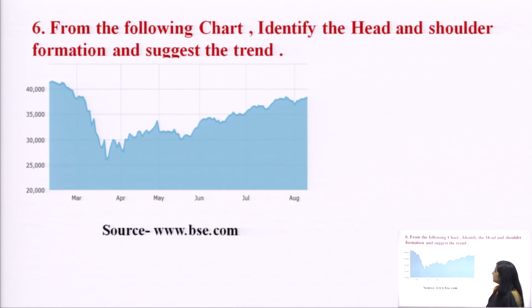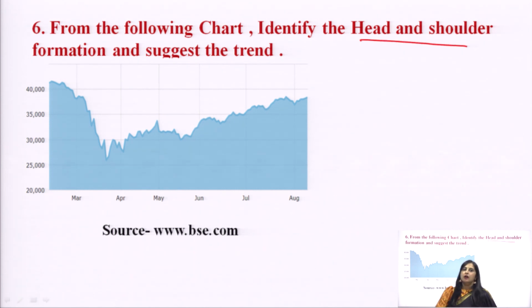Then we have another question where we have a chart and we have to suggest the trend by finding out the head and shoulder formation. Let us recall what head and shoulder formation is. Head and shoulder formation means there is one shoulder, one head, and another shoulder.